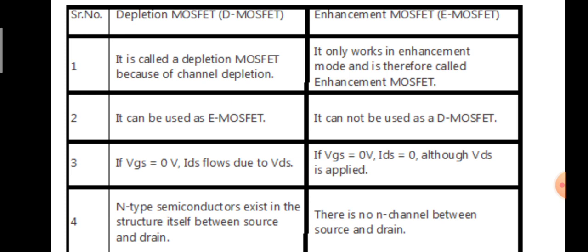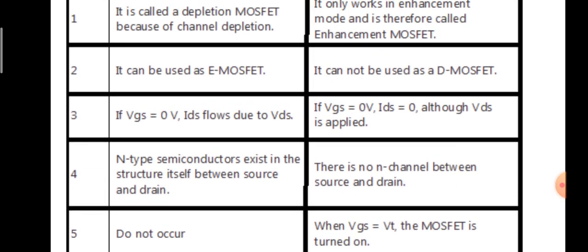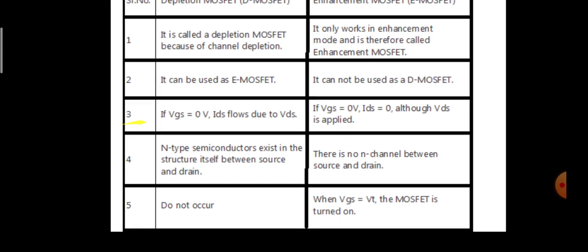In EMOSFET, there is no N channel between source and drain. In EMOSFET, when VGS equal to VT, the MOSFET is turned on.